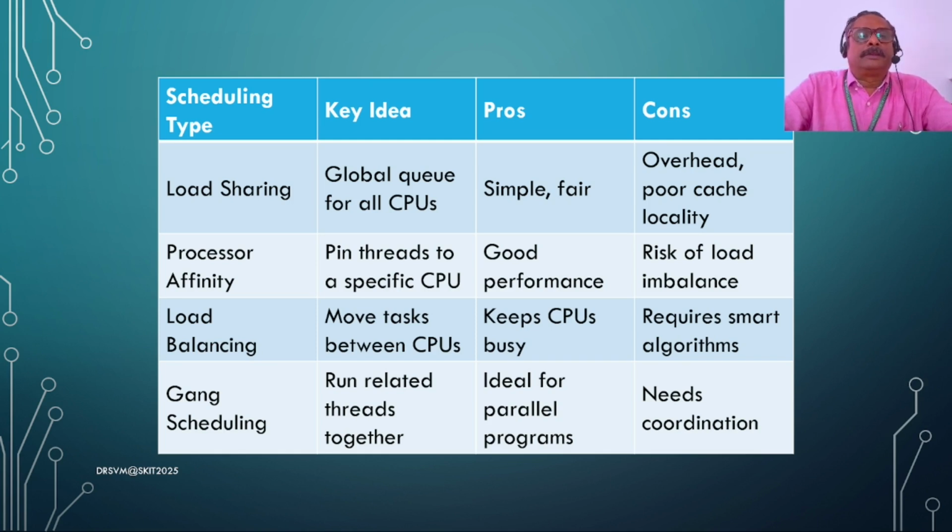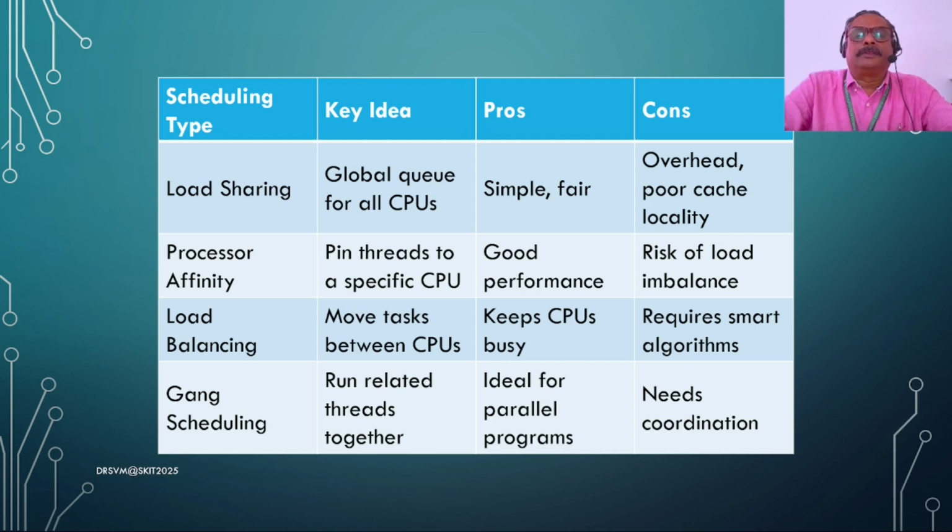The third one, to overcome this risk of load imbalance, is load balancing scheduling, where the overloaded CPUs are relieved by moving tasks from them to idle CPUs.